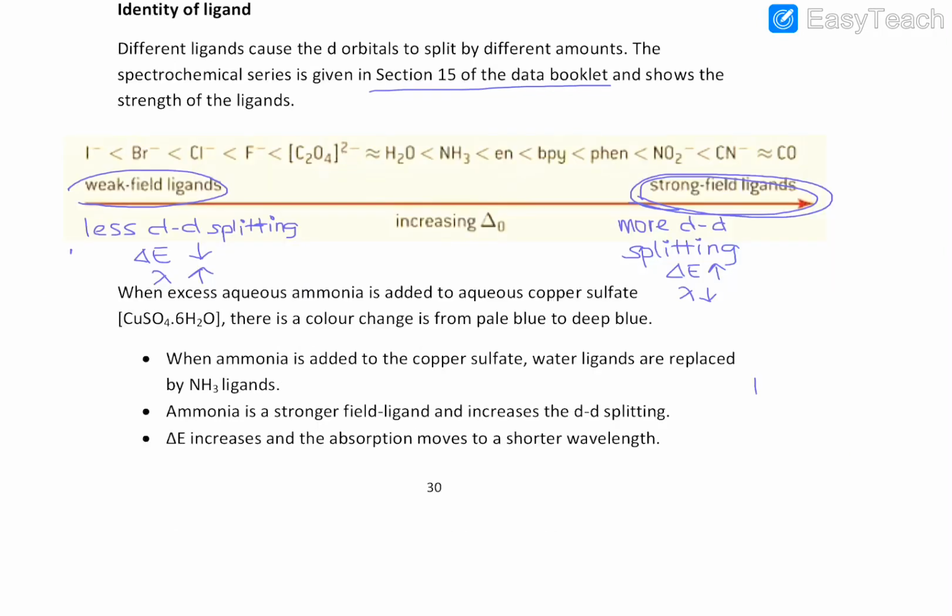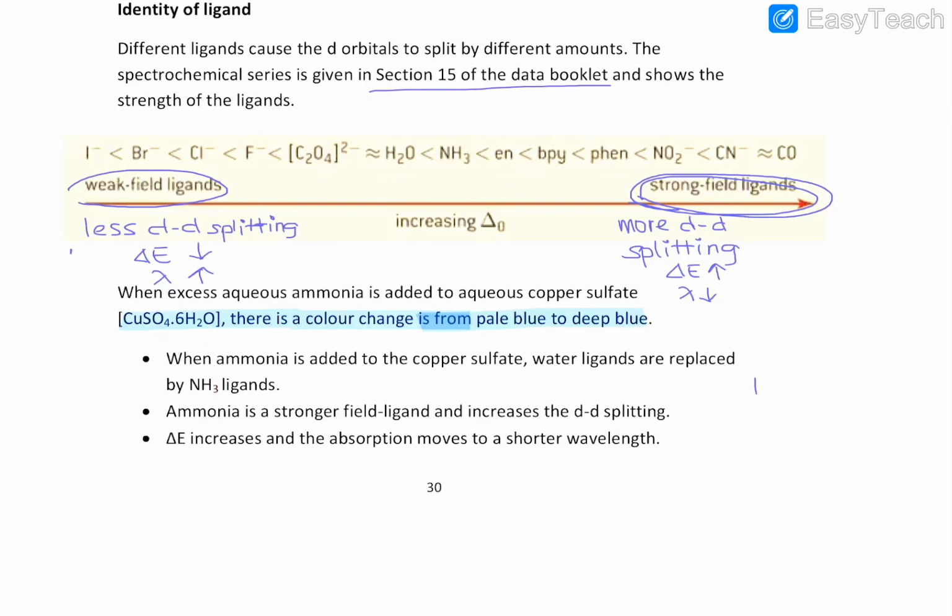Now, when you have copper sulfate, hydrated copper sulfate is blue, and if you add ammonia to this, it changes from pale blue to deep blue. So initially, this is blue color because of the H2O ligands. H2O compared to ammonia is a weaker field ligand, and when you add ammonia to it, the ammonia is going to replace the water ligand.